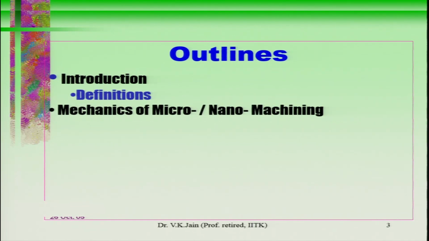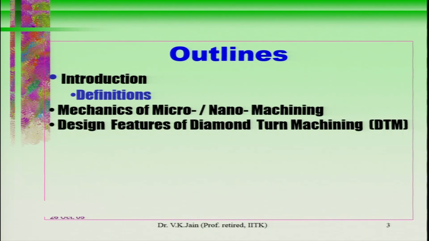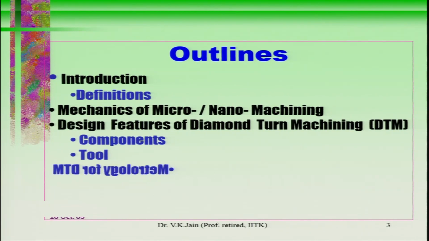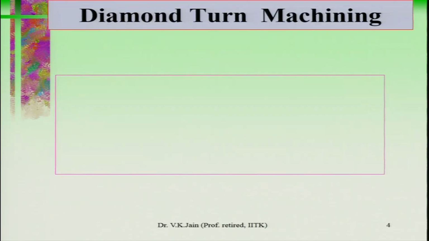Then we will see the mechanics of micro nano machining in diamond turn machining, DTM, then design features of the DTM machine, the various components of the DTM machine, the tool, and the metrology required for making the parts or components on the DTM. We will discuss that, and I will give you some examples of products that have been formed by DTM machines.